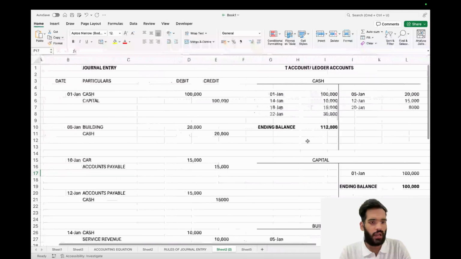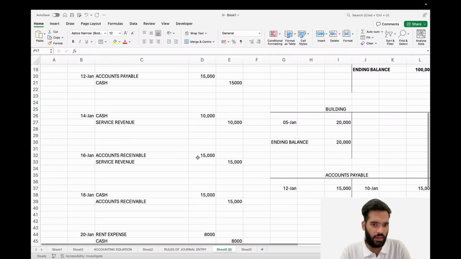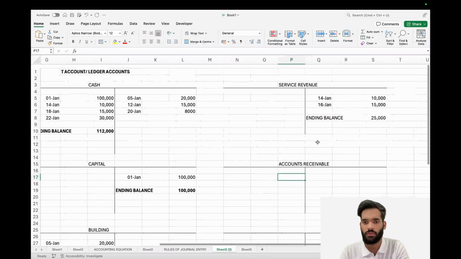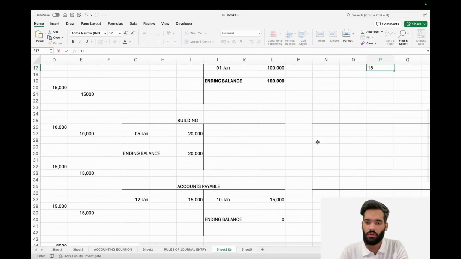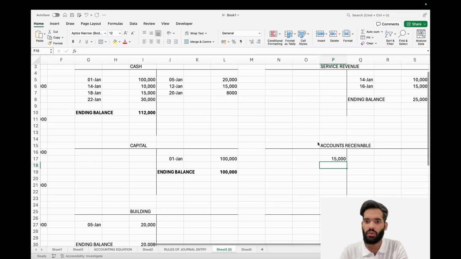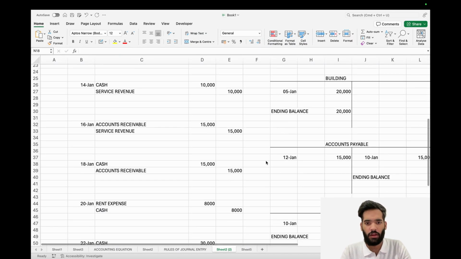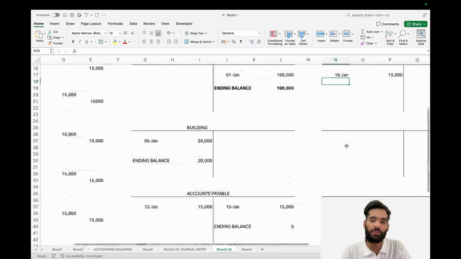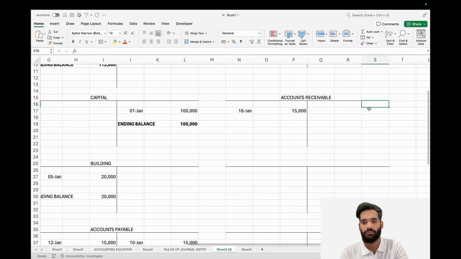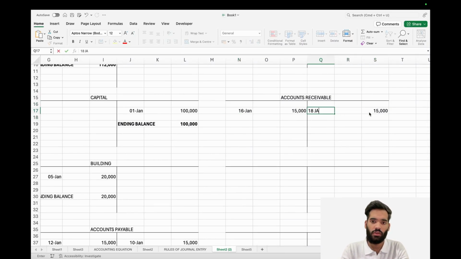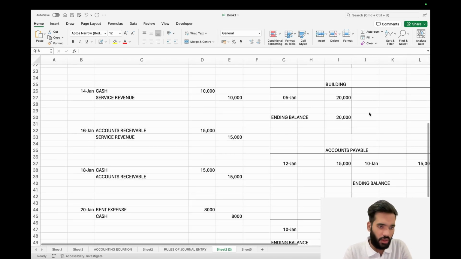So accounts receivable. So we have a debit 15,000. 15,000 debit. It was on 16th of January, I believe. Let's see. Yep. And then accounts receivable credit again 15,000 on 18th of January. Is there anything else on accounts receivable?